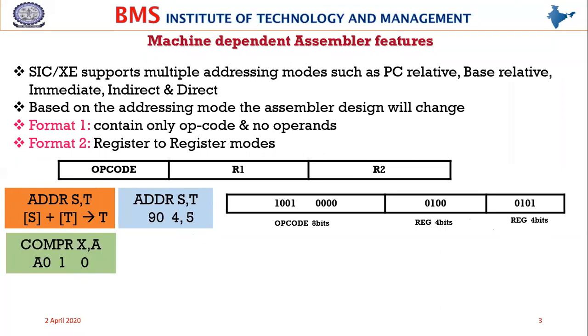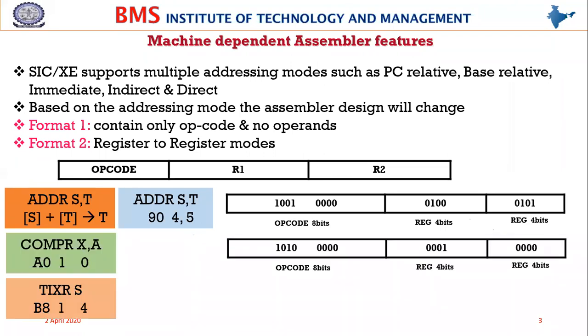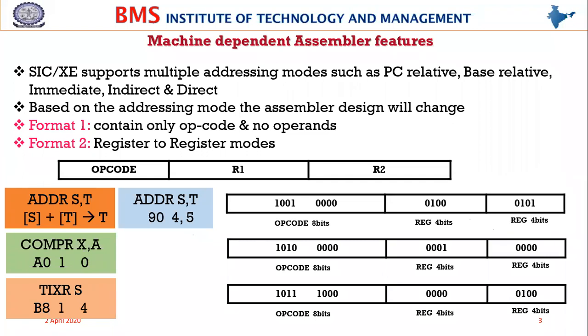One more example, wherein we have the COMPR instruction. COMPR has opcode A0, and the X register is 1 and the A register is 0. So A0 is represented as 1010 followed by 4 zeros, and then the 4-bit registers. Register X is represented as 0001 and the accumulator is represented as zeros. One more example is TIXR, which is B8 and 14.